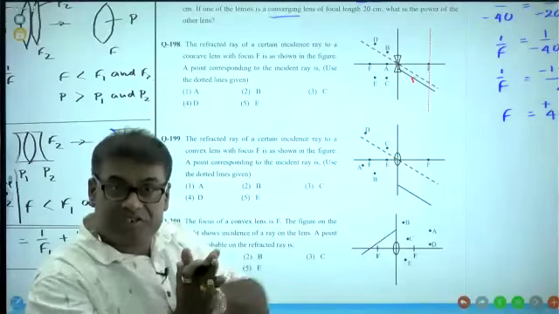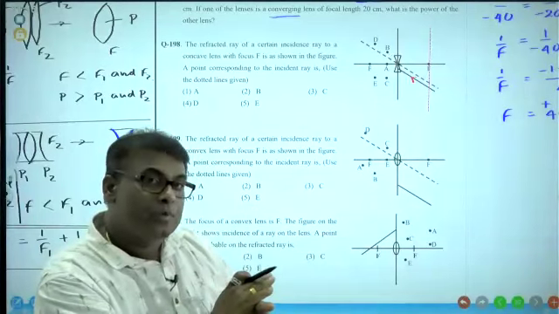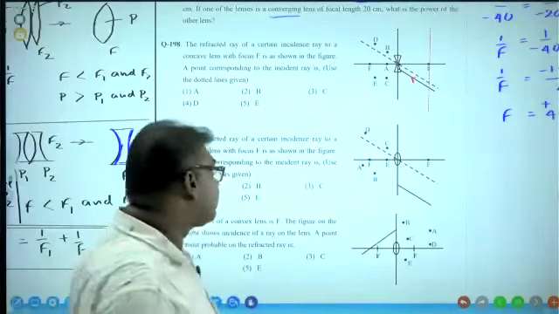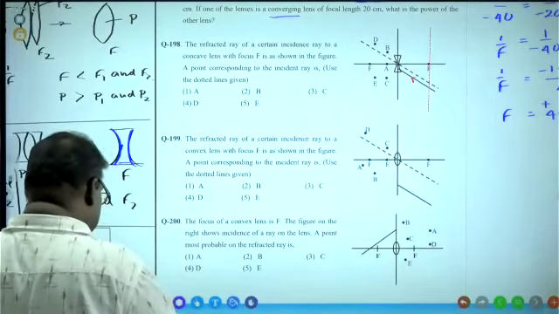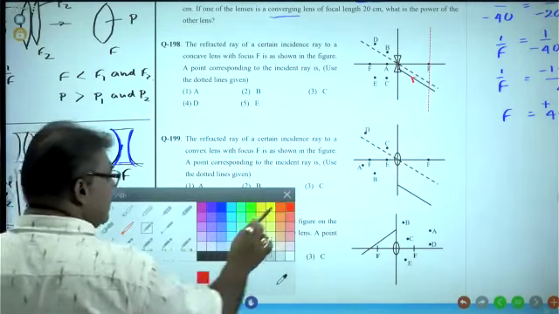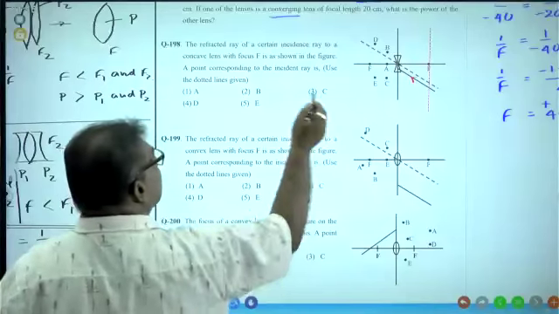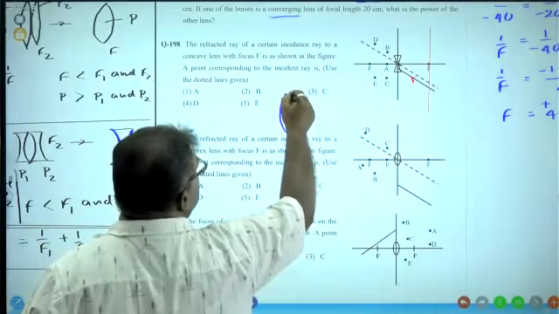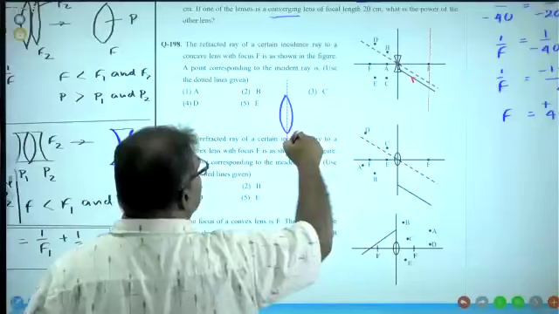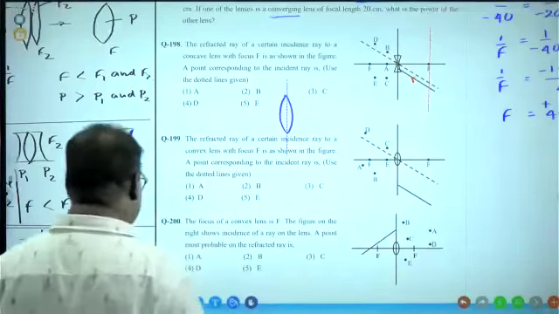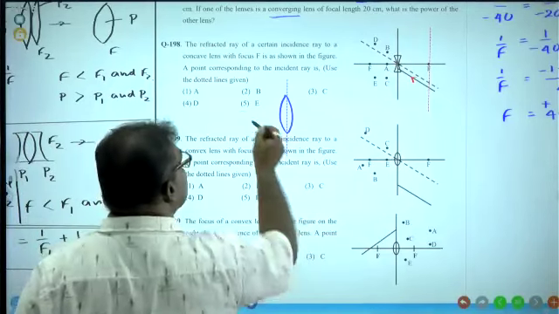Then they are parallel to each other. Parallel rays diverge from the point of focus if the light rays are parallel to the principal axis, like this. If the lens is like this, here we have the plane of the lens. This one is the principal axis.